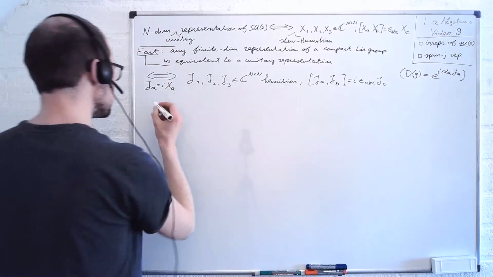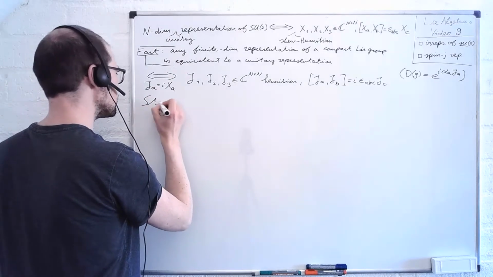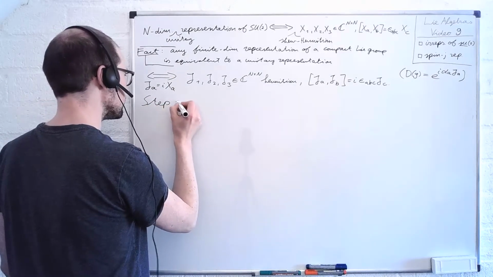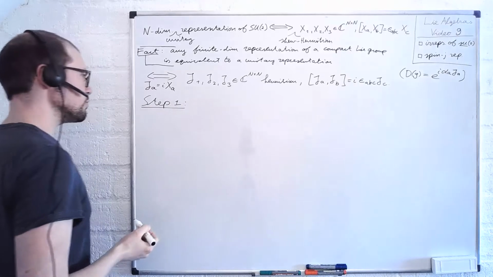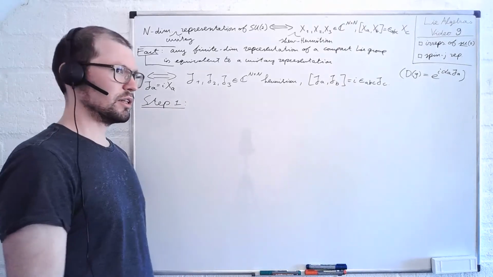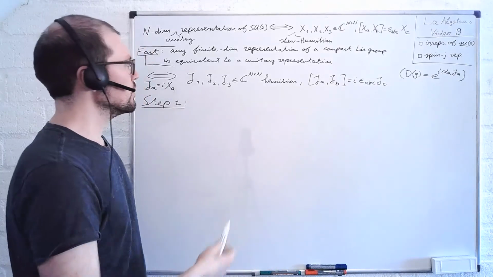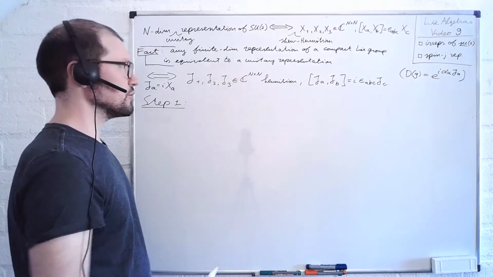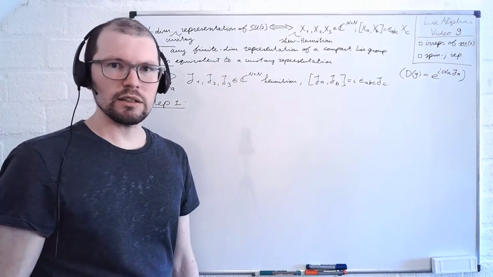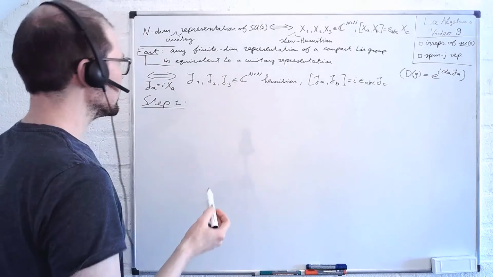Okay, so what are these steps? So step 1, it is what you would always do, for instance, in quantum mechanics when you're dealing with several Hermitian operators. You want to diagonalize them, right?